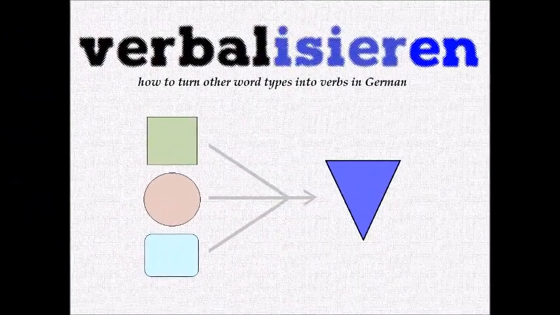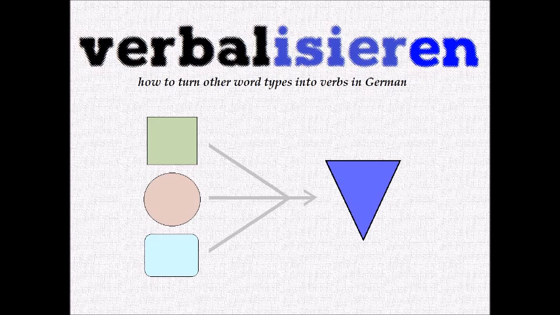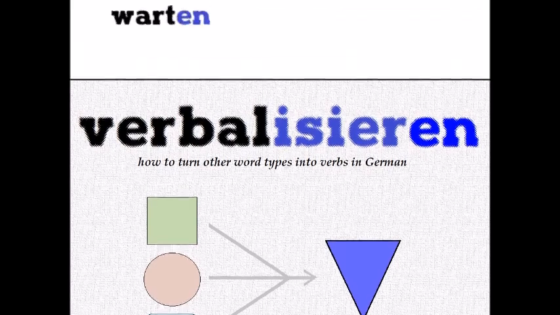In this video we'll be looking at verbalization, so how to turn any other type of word into a verb in German. As you know, German verbs usually end in en, so this suffix is a major component of verbalization.